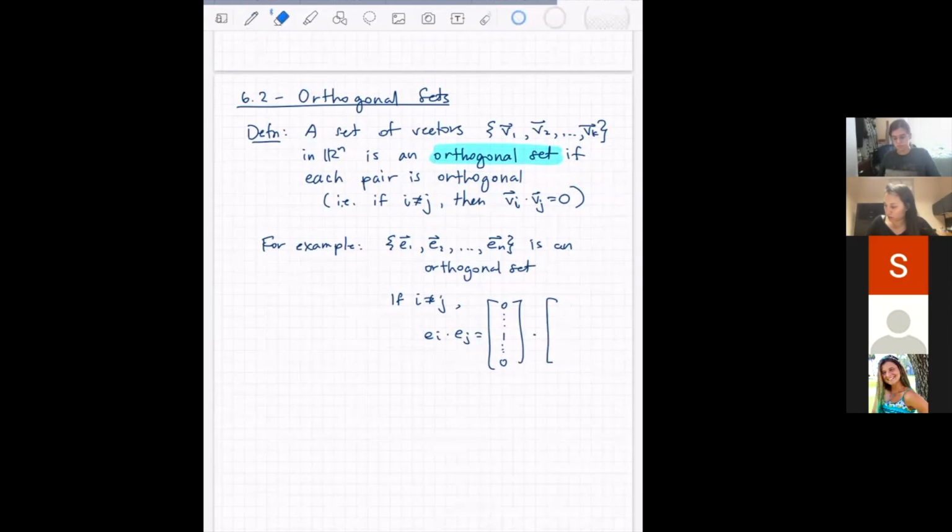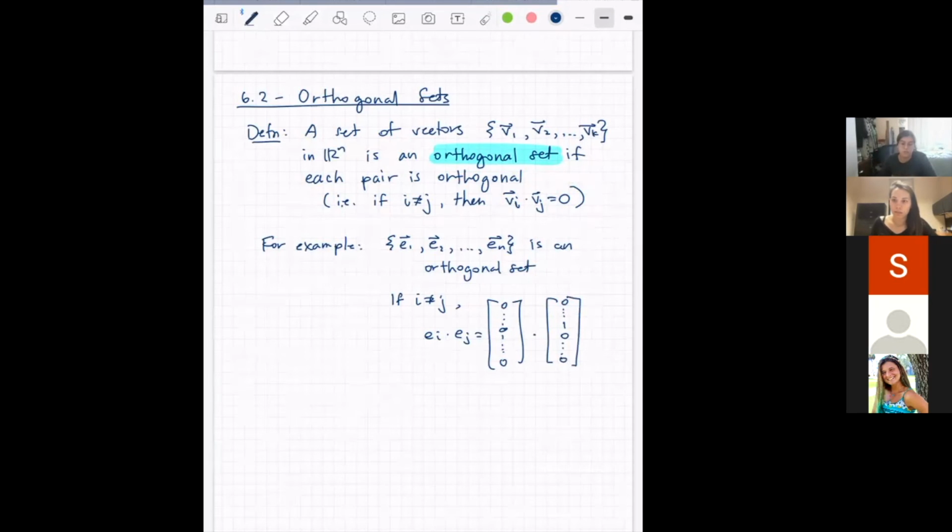This is hard to express, but the one non-zero entry is at a different position if i is not equal to j.